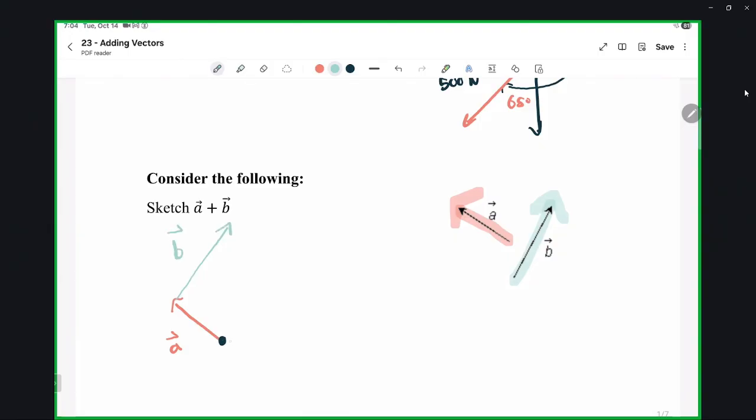We move in the direction of A, pause, and then move in the direction of B. Afterwards, the resulting vector will be the sum of the desired vectors. So this will be vector A plus vector B. Sometimes we call this the resultant vector, where this is the solution that we were looking for. This method is what we call the triangle law.